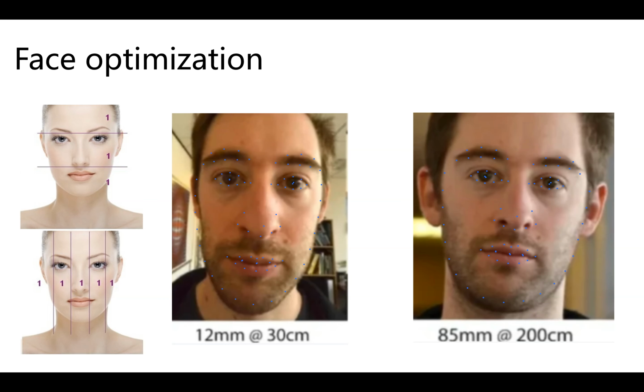We can make use of some face detection tools to analyze the face, and we can know the ratio of the eyes, the ratio of the mouth, the ratio of the nose, so we can quantify how good looking the face is now. And we can take some action, like switching the lens of the camera to make the face look better. Of course, the right picture will look much better than the left one.